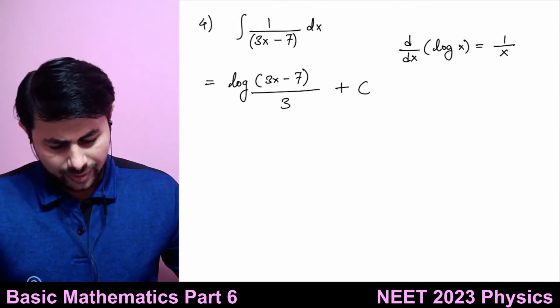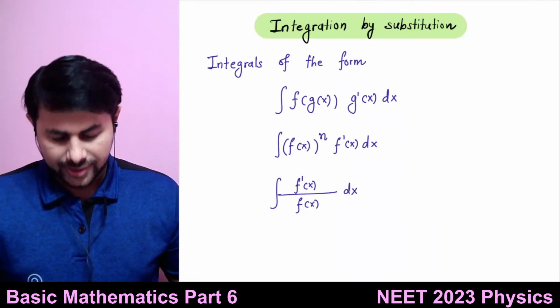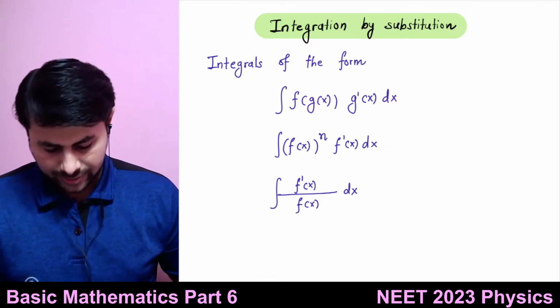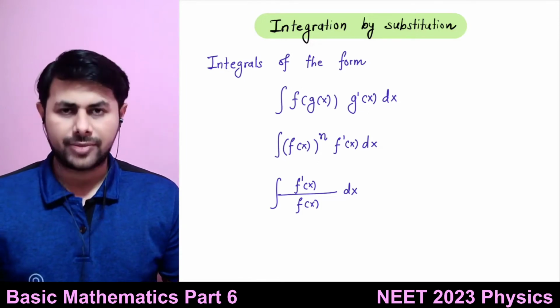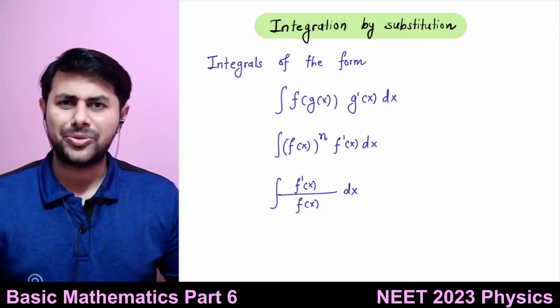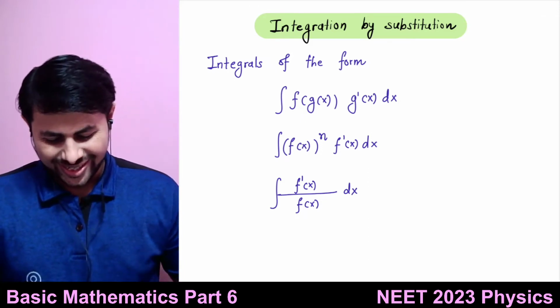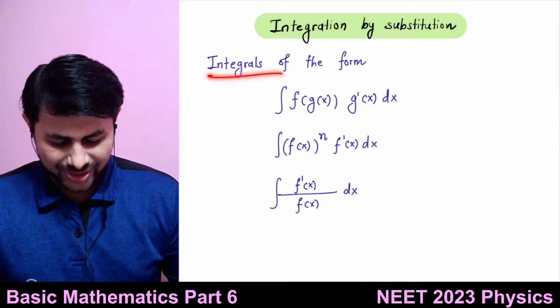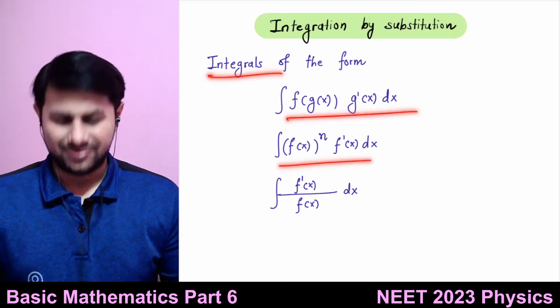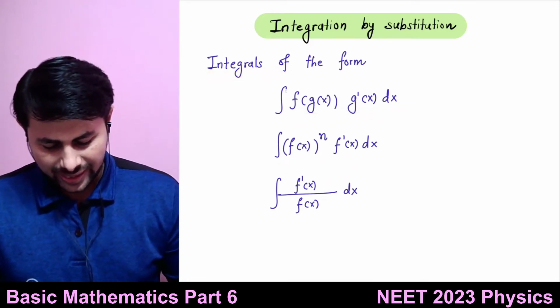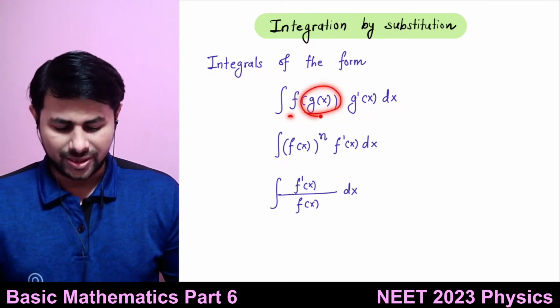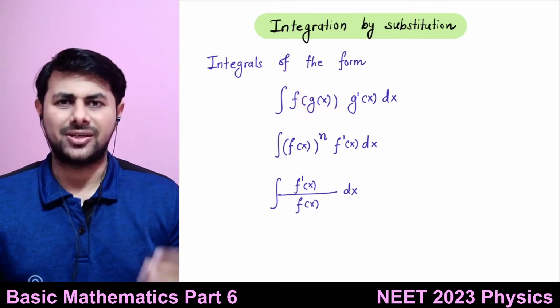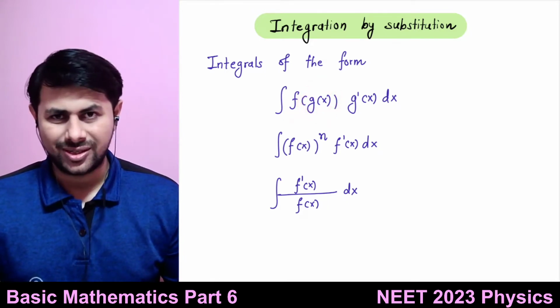Okay, so then next again we are doing the same thing. Again we'll do integration by substitution, but now we have to do the substitution. Okay, so now we can come across these kinds of integrals. So first I have a function of some other function. This kind of function is known as a composite function.